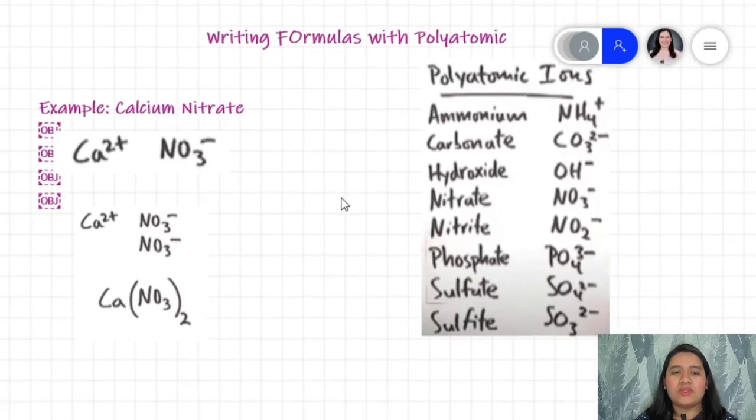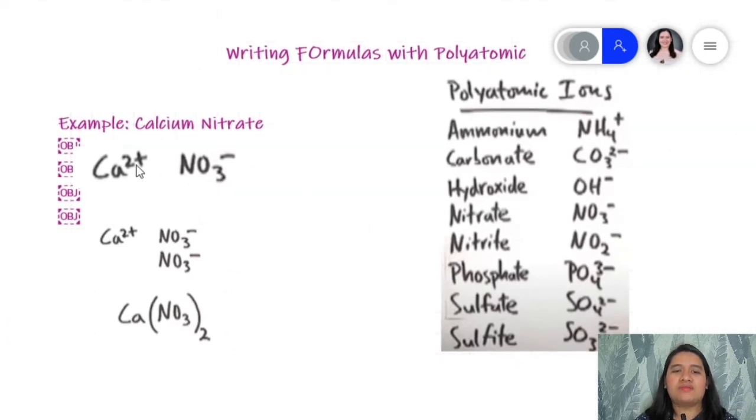Let's say we have calcium 2 positive and NO3 negative. What is NO3? This is a polyatomic ion. NO3 stands for nitrate.